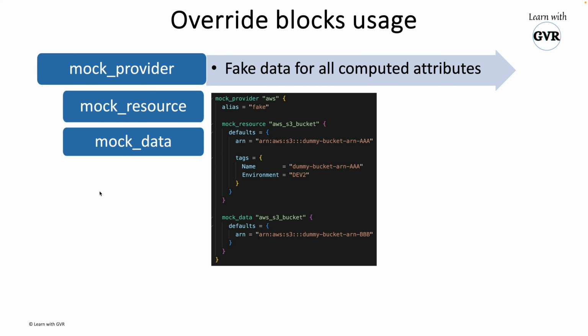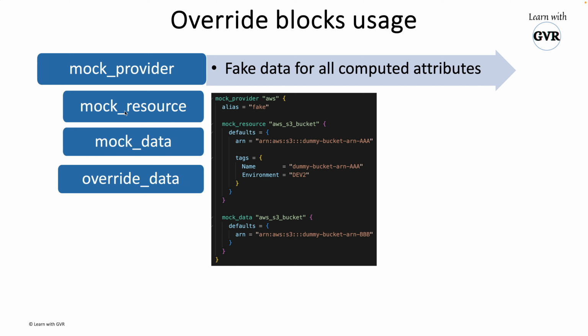Now override block usage, as we have seen in the previous slide. Override blocks can be used within the provider or outside also. And override can be used within the mock provider as well. So mock provider is at the root level.